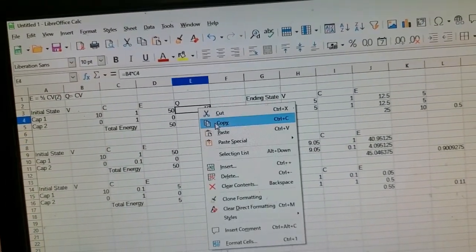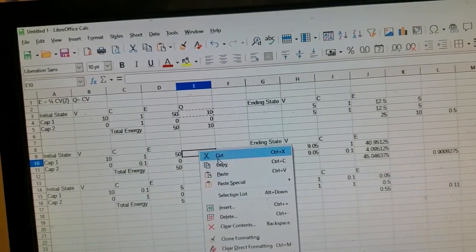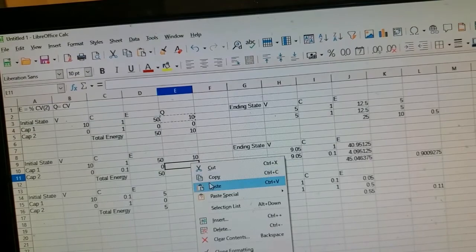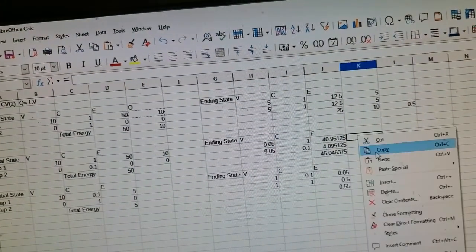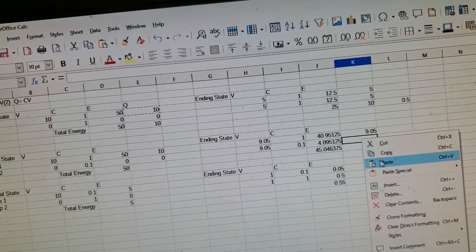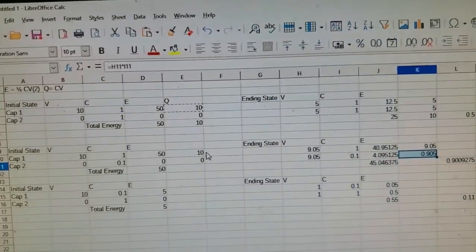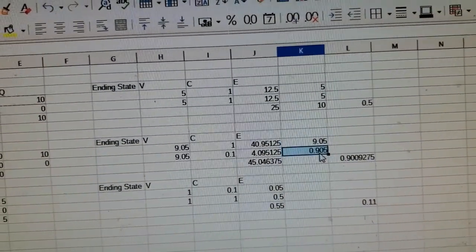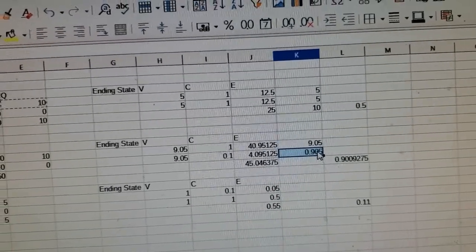Let's do it down here. Paste, paste, paste, paste. We started with 10 coulombs. We ended up with 9.91 coulombs.